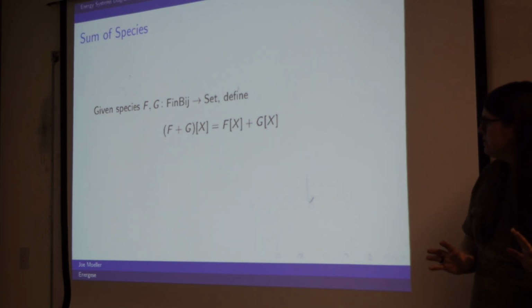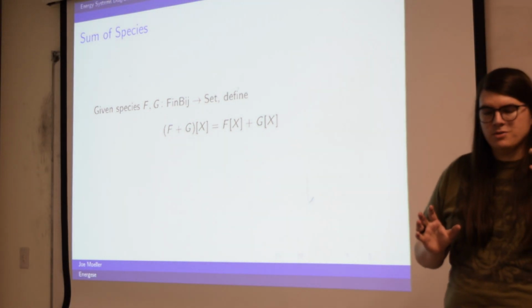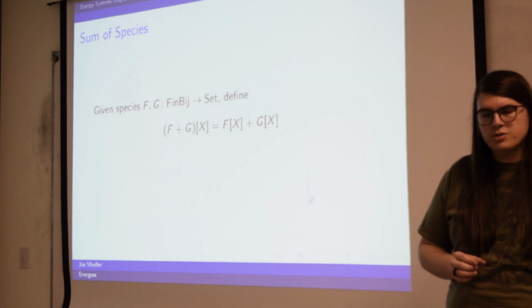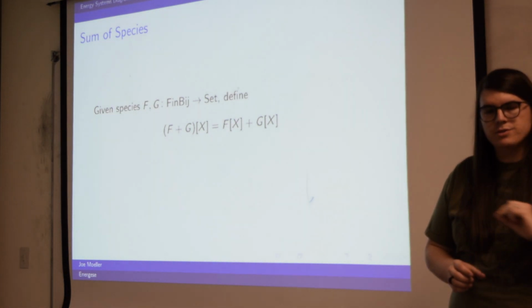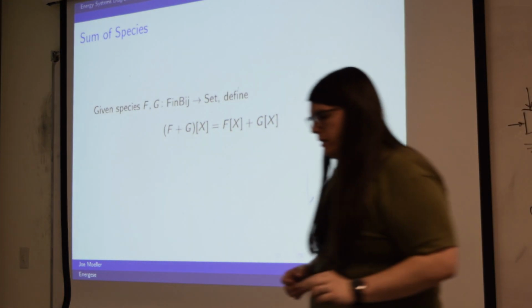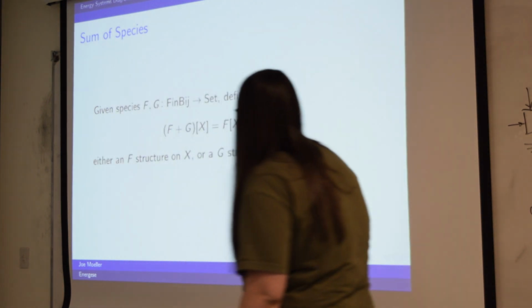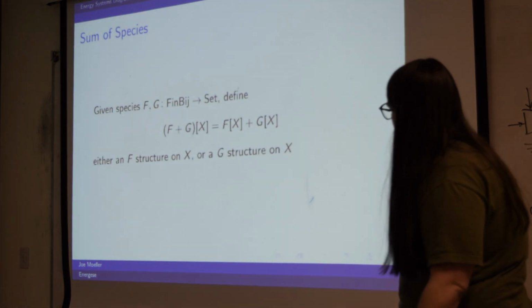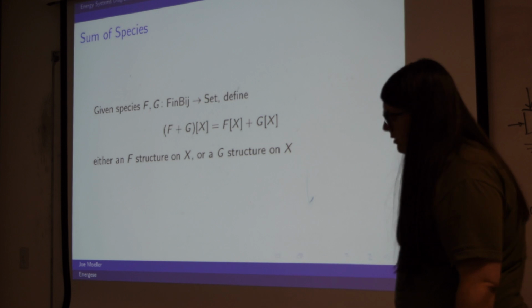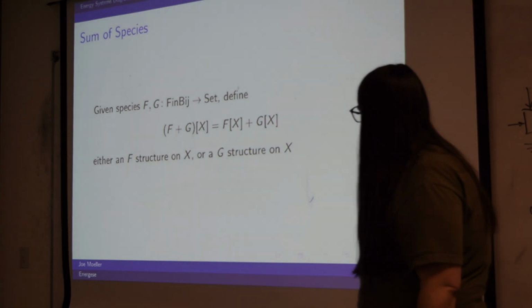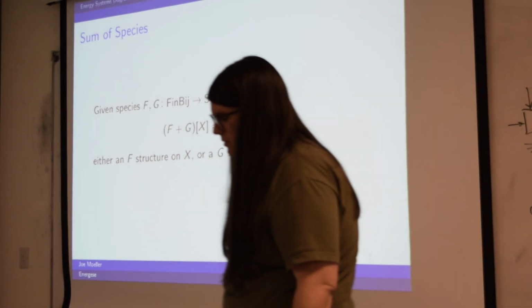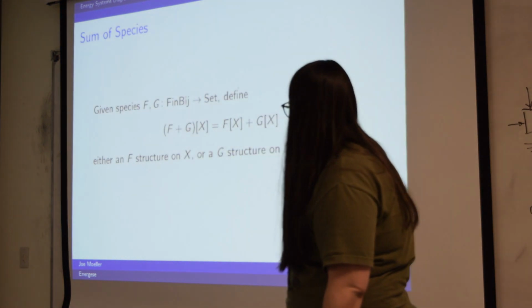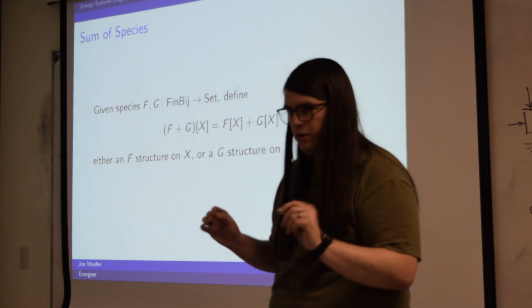The resulting species is the species that describes putting either an F structure on the set X or a G structure on the set X. So that can be used to combine species in this particular way, where you are just saying or.